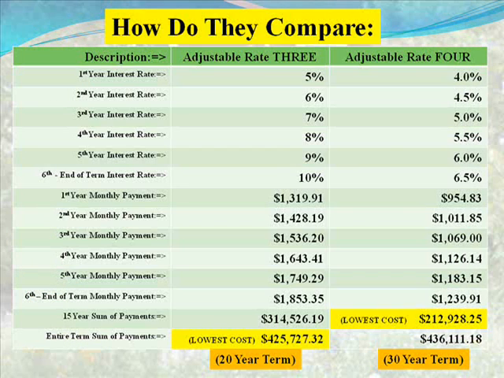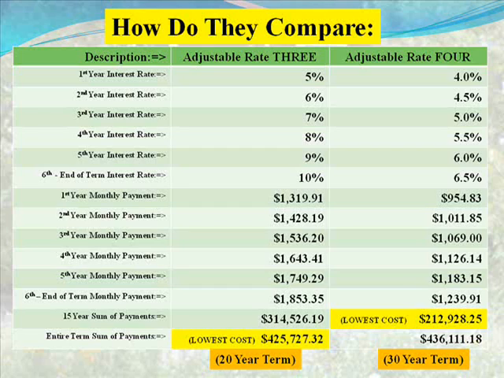For adjustable rate 3, you can see how the interest rates increment by 1% for years 1 through 6, and then through years 6 through 20 in that case, they remain at 10%. And you can see how the payments increment. And the 15-year sum of all payments is $314,526.19.